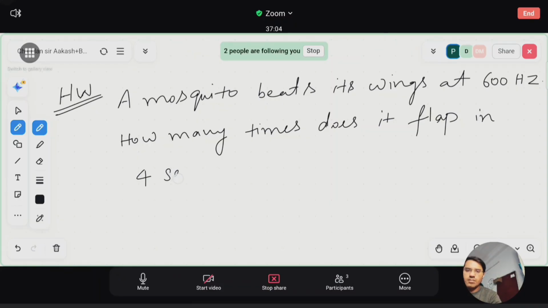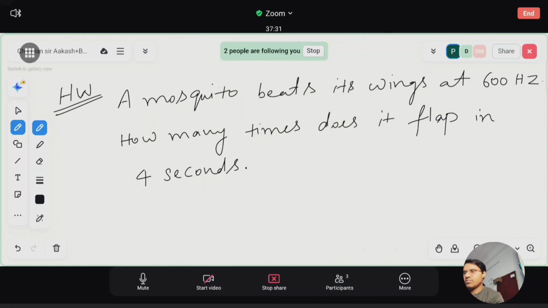Frequency, isn't it? Hertz means frequency. Hertz is the unit of frequency. So the question is, the mosquito beats its wings at 600 hertz, like it is flapping the wings. So how many times does it flap in 4 seconds? So this is one of the homework which you need to do.